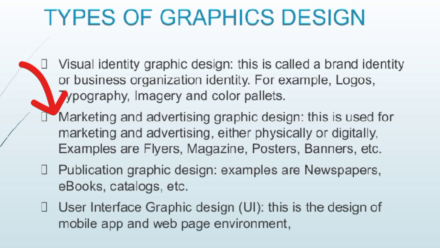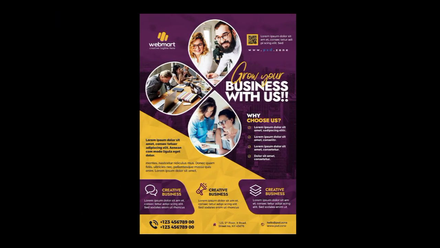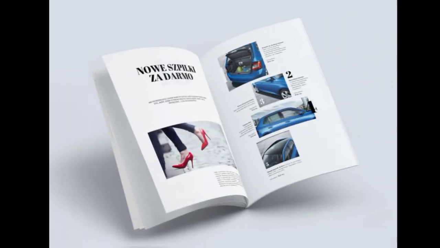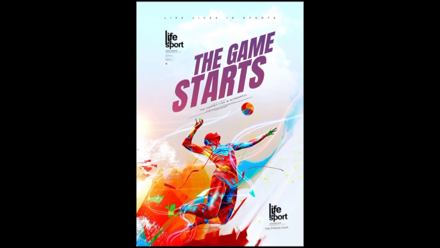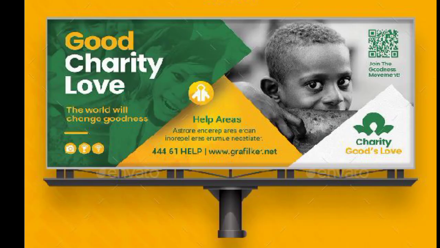Another type of graphic design is marketing and advertising graphic design. This particular category is used for marketing and advertising, either physical or digital. And you all know we have flyers, we have magazines, we have posters, we have banners. I believe you all know what that is.